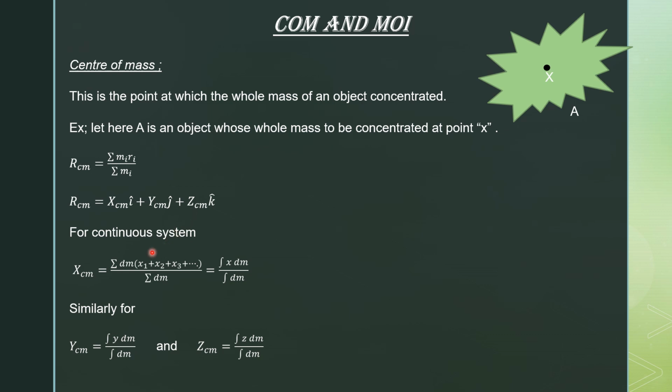And for a continuous system, we can write XCM is equal to summation over dm times (x1 plus x2 plus x3 up to xn) whole divided by summation over dm, that is equal to integration of x dm whole divided by integration of dm. Similarly, YCM is equal to integration over y dm by integration over dm, and ZCM is equal to integration over z dm by integration over dm.